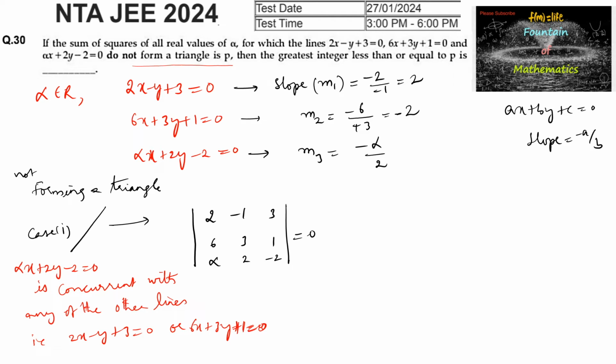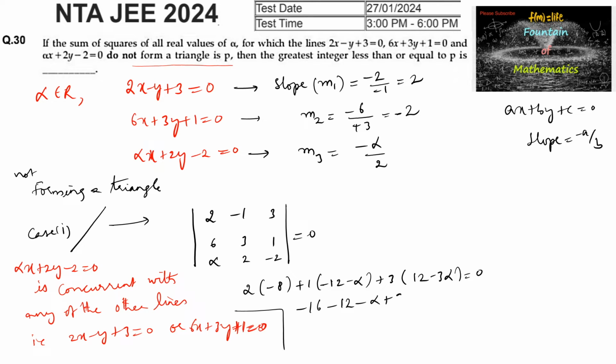So on simplifying, we get 2 times of minus 6 minus 2, that is minus 8, plus 1 times of minus 12 minus alpha, plus 3 times of 12 minus 3 alpha is equal to 0. Or we can write minus 16 minus 12 minus alpha plus 36 minus 9 alpha is equal to 0.